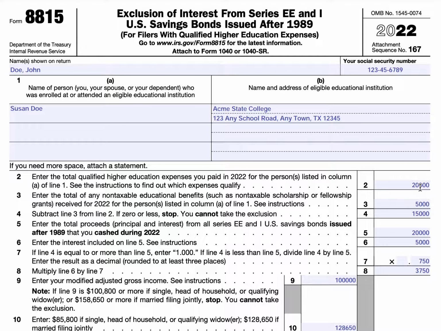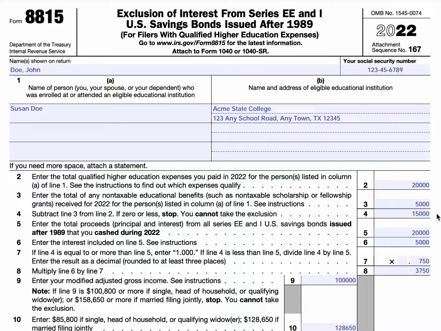In line 3, you'll put the total of any non-taxable educational benefits. So again, the non-taxable scholarships, fellowship grants, things of that nature. So we put in $5,000, and in line 4 we simply subtract that. So right now $15,000 is the amount of qualified higher education expenses that we reported that wasn't already offset by a scholarship or something else.